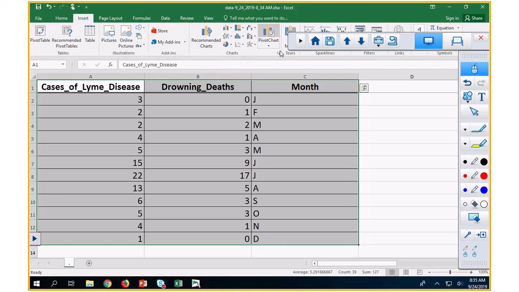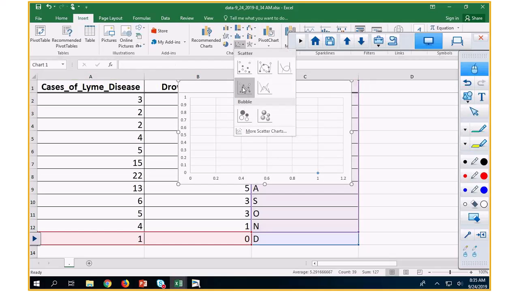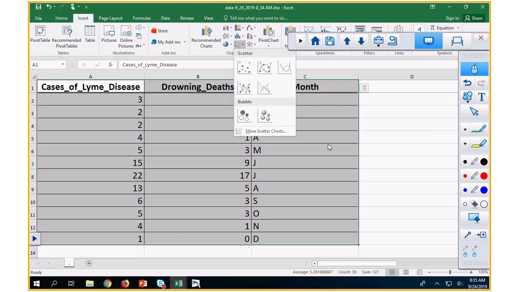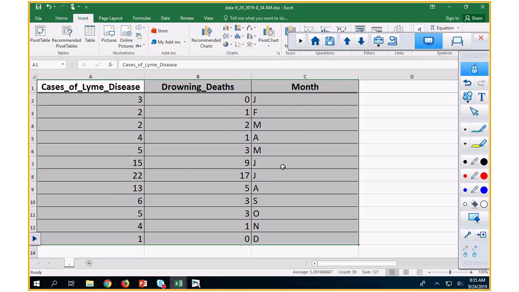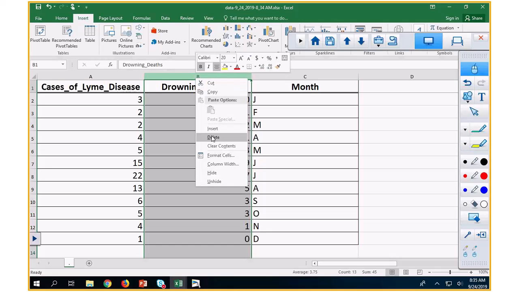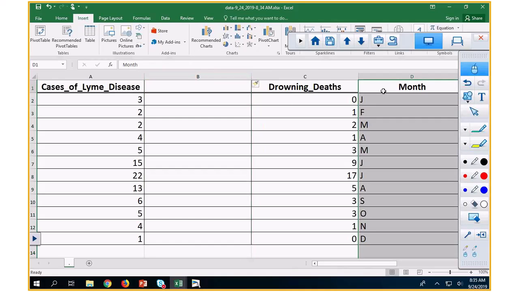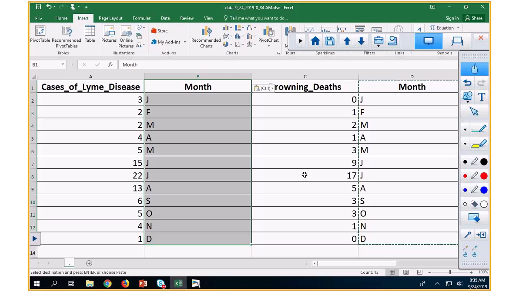Insert. Yeah, I figured it would have a fit. I'm going to have to do it separately. I'm going to have to break them up. So I'm going to insert a column here. Insert. And then I'm going to copy this column. Control C, Control V, there we go. And I'm going to see if this will work.